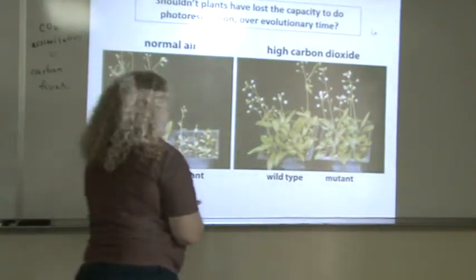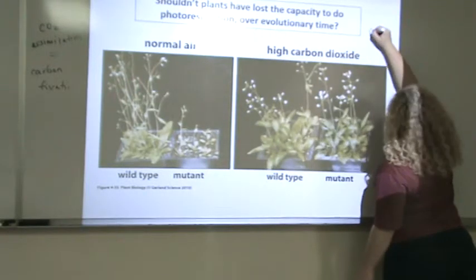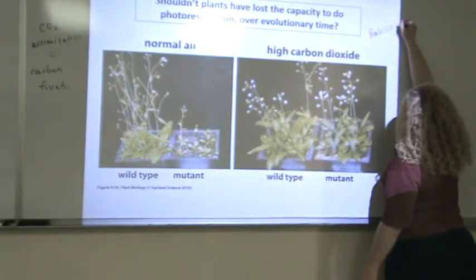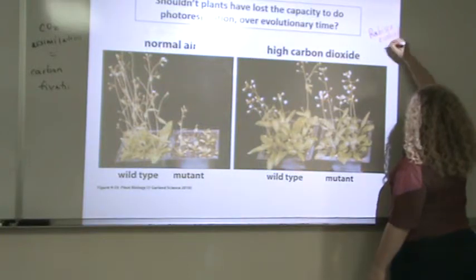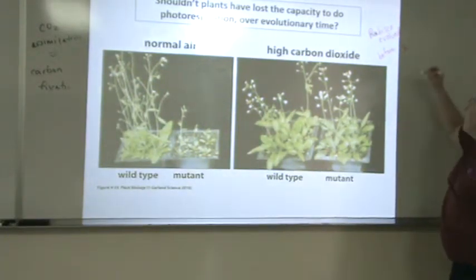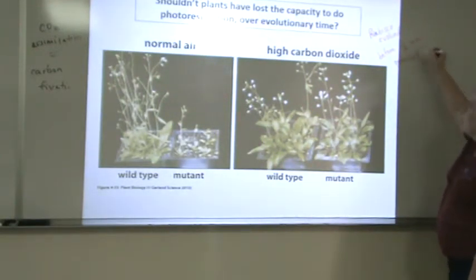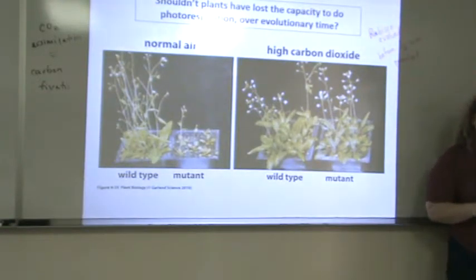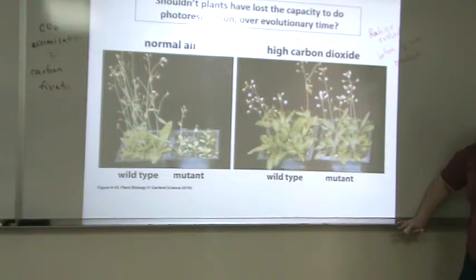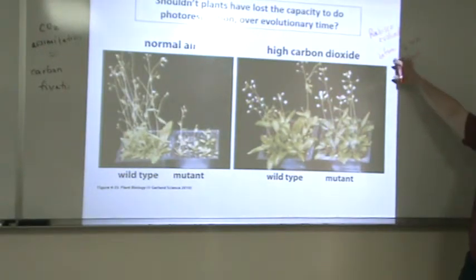Rubisco evolved before oxygen was prevalent. So if you think back to when we talked about early plants and how they were derived from early photosynthesizers, algae, and then before that, photosynthesizing bacteria, rubisco was around before there was oxygen in the air.